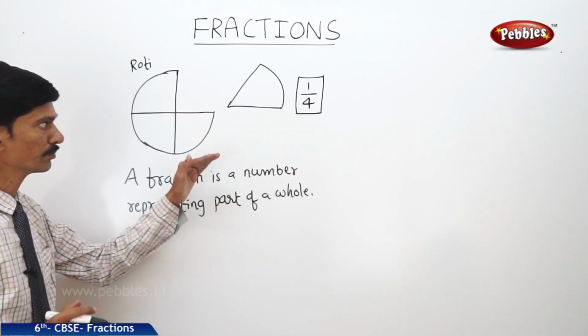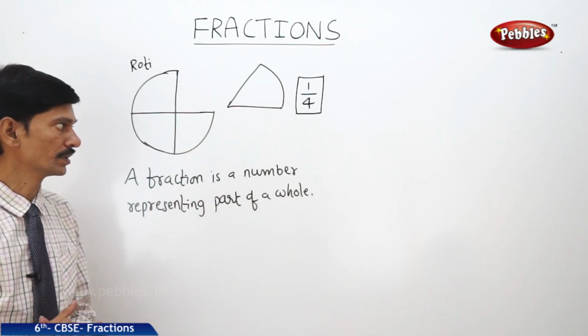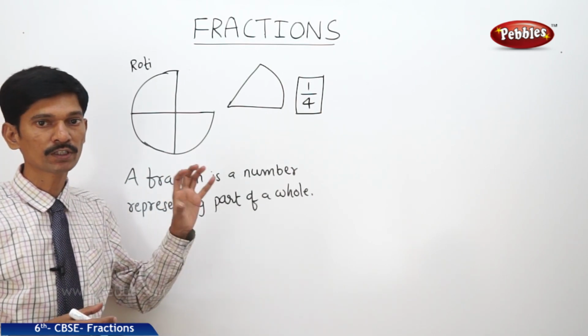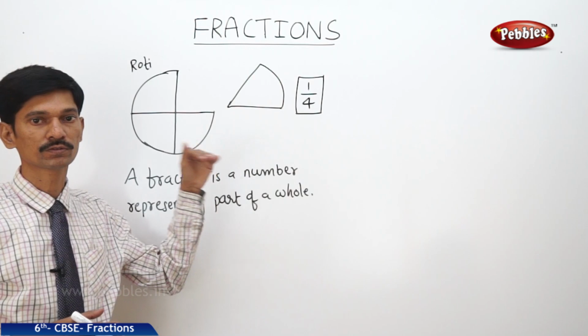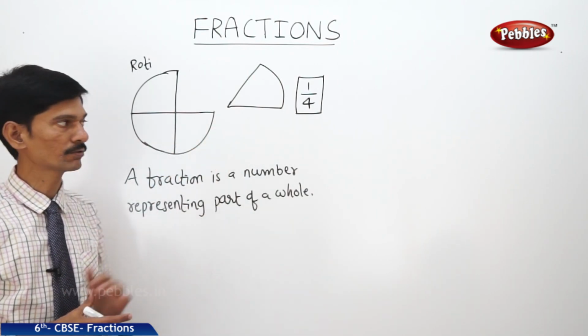Now a fraction is a number representing part of a whole. Now this whole may be a single object or it may be two or more objects, but all the parts must be equal. So whatever you divide the whole thing into, all the parts must be equal.